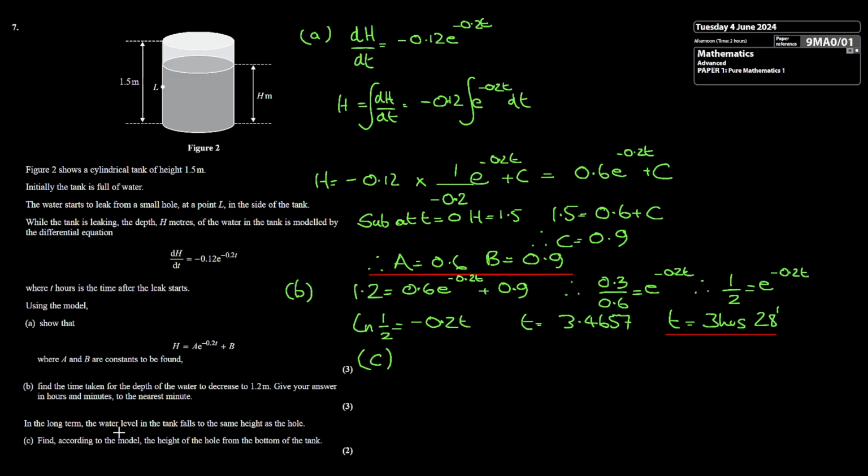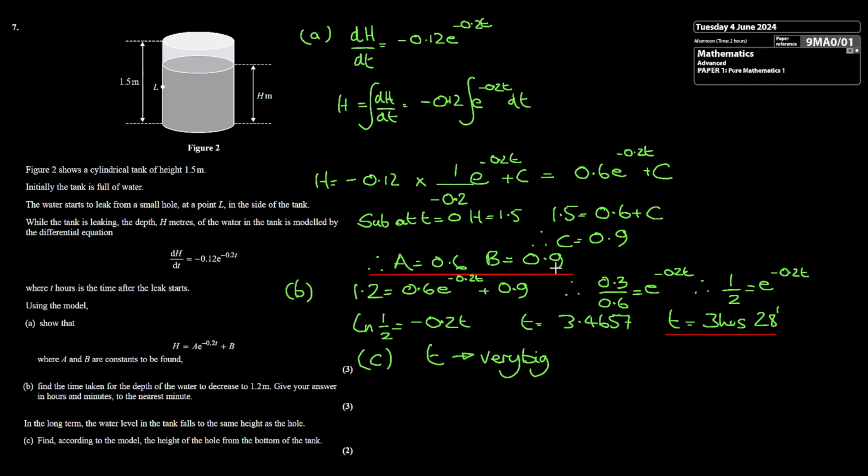In part C, we're to find that in the long term, the water level clearly will fall to the level of the hole, which is at L, and we need to find the height of that hole. So t is now very big, which in our h equation means that this whole term will go down to 0. So in the end, h will equal b.